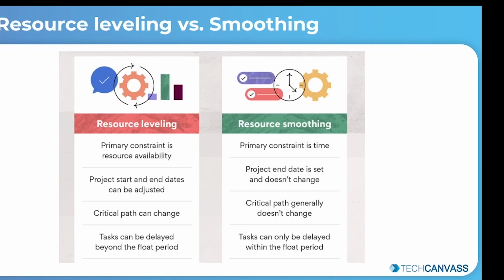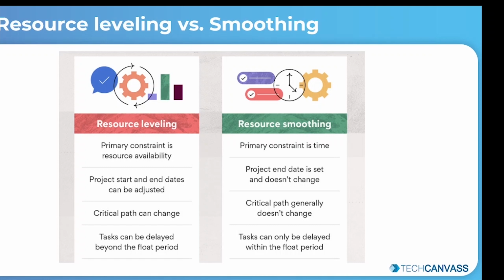Now, while we are studying resource leveling, there's also a term, resource smoothing, which is common while we are doing an allocation of the resources. And it is natural that we get confused between resource leveling and smoothing. So, to get rid of that confusion, we will go through what basically resource leveling is and what resource smoothing is.